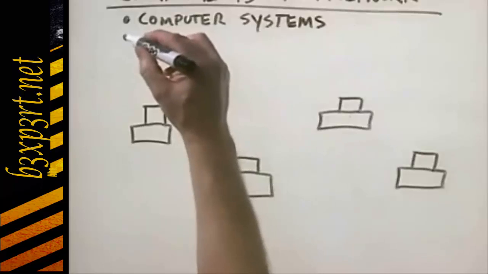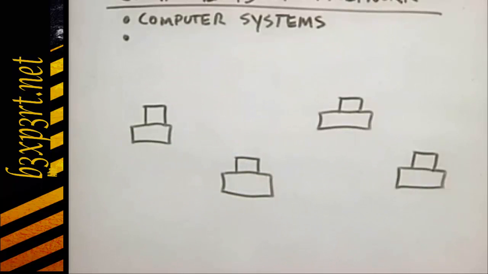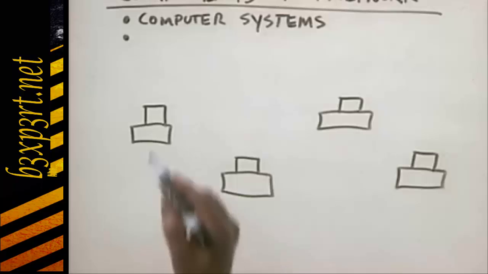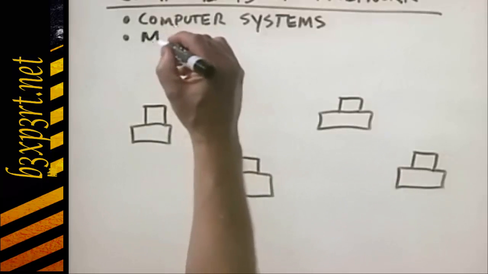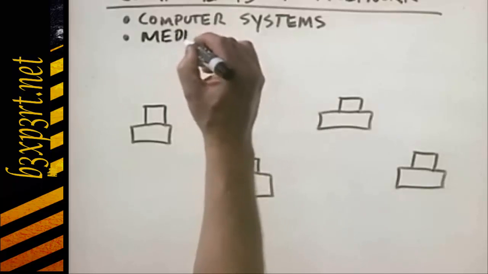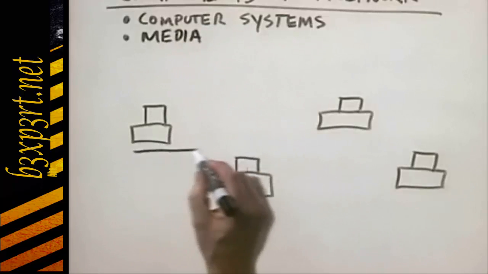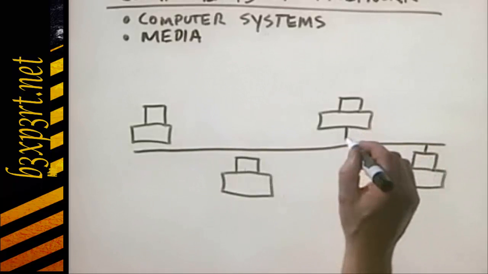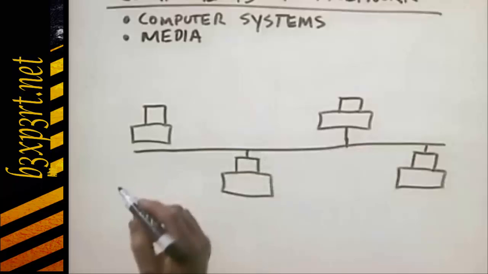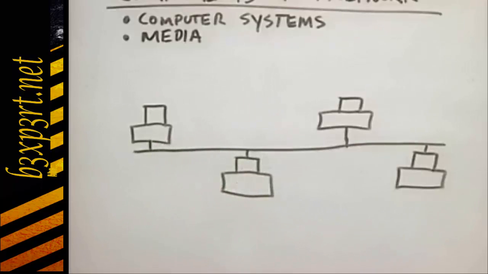The second thing you must have is some means of connecting all these hosts or nodes together. And that's done with a connecting media. That could be either a piece of coaxial cable, it could be a fiber optic cable. Networks can use a variety of different connecting media.